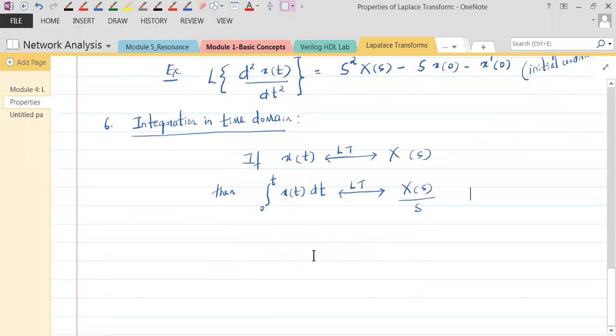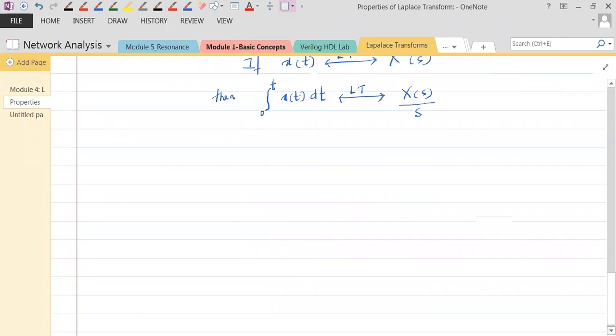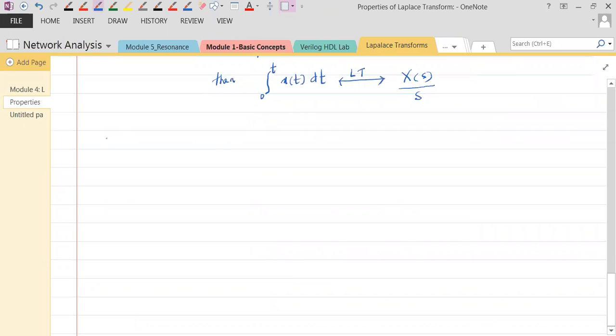So let's take down the seventh one, that is differentiation in S domain. Everybody just copy down this. This is another property.